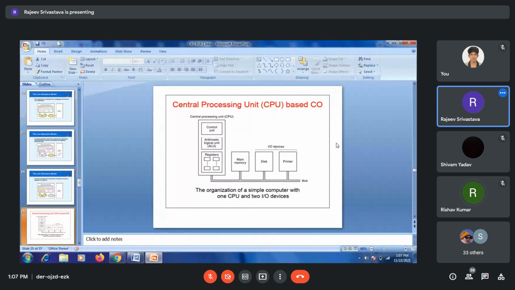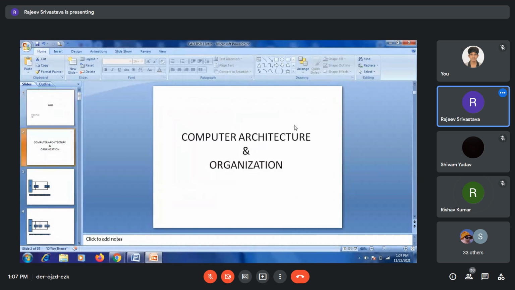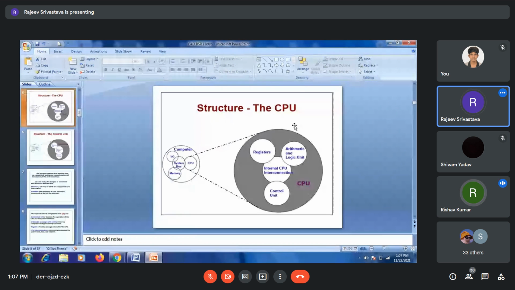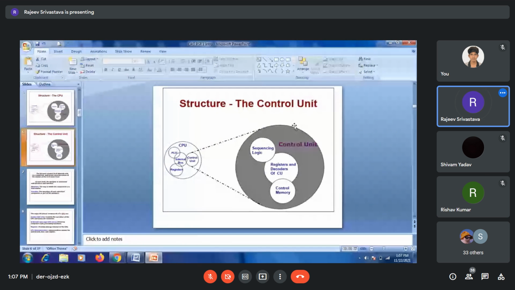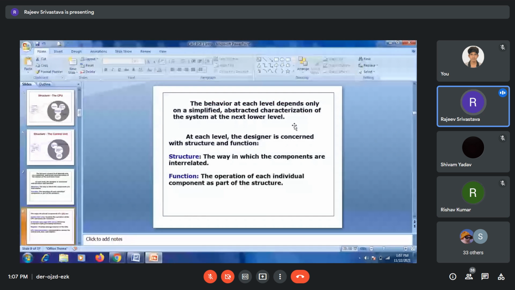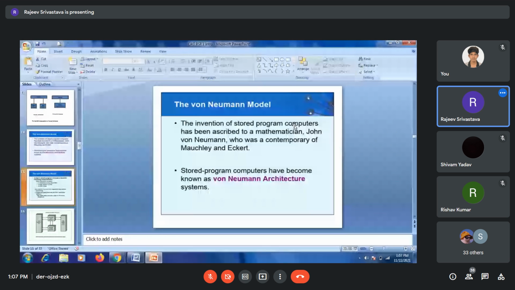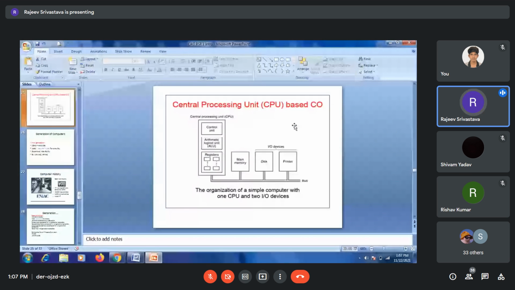So up to this concept, we finished today: we have the computer system, then the control unit, and all these things are connected, and this is what we look at as a computer.